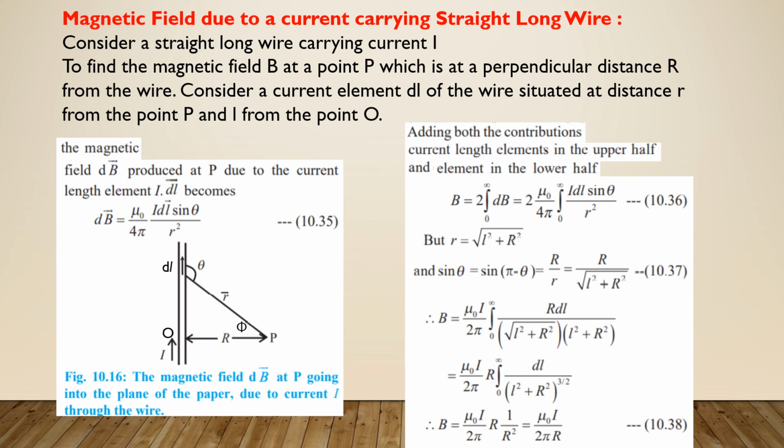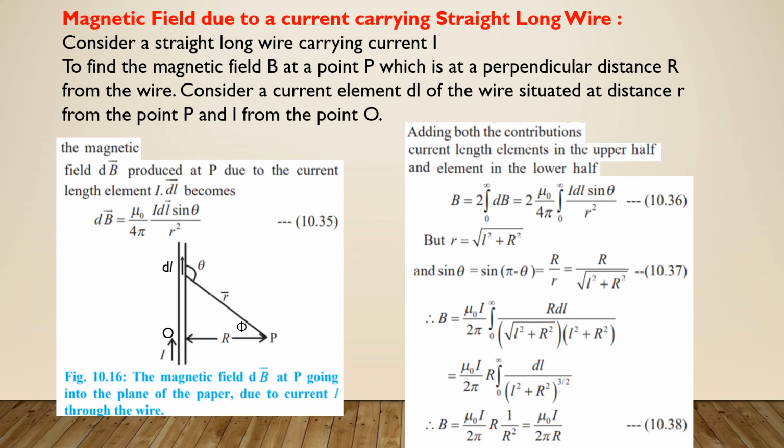Also, all the elements in the lower half contribute to the field in the same direction. Hence, the net magnetic field will be the addition of these two. Thus, B is equal to twice integral dB with limits of integration from 0 to infinity.